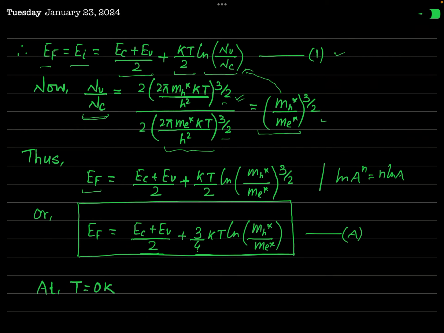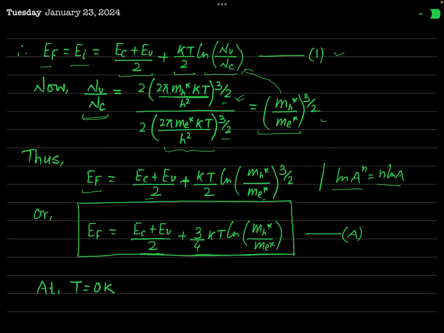This is (Ec plus Ev) over 2 plus Kt over 2 log (mh star over me star) whole to the power 3 by 2. But from the properties of logarithm, log a to the power n is equal to n times log a. So using this property, this second term can be written like this.